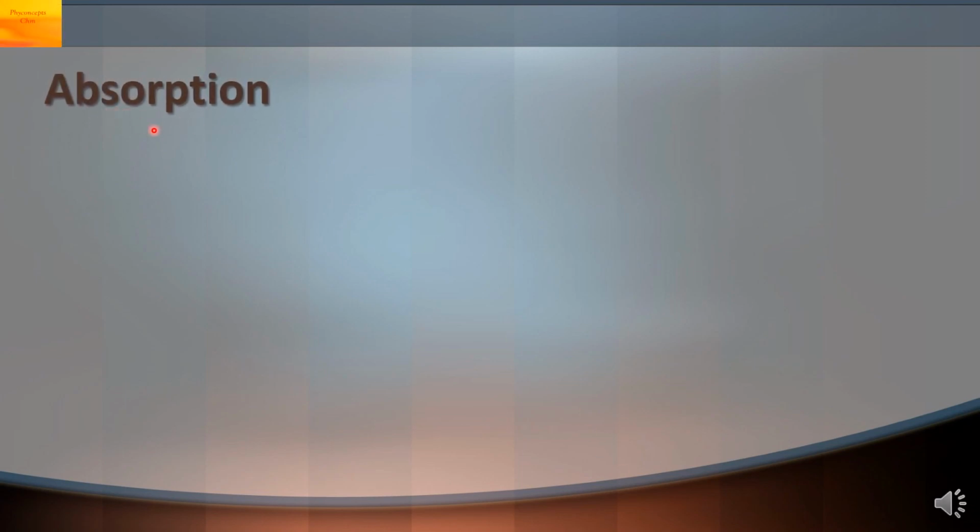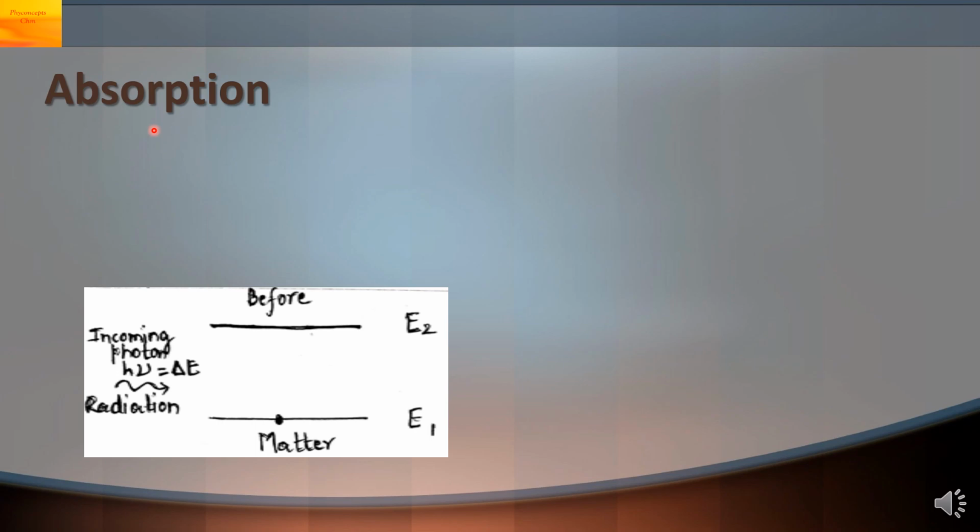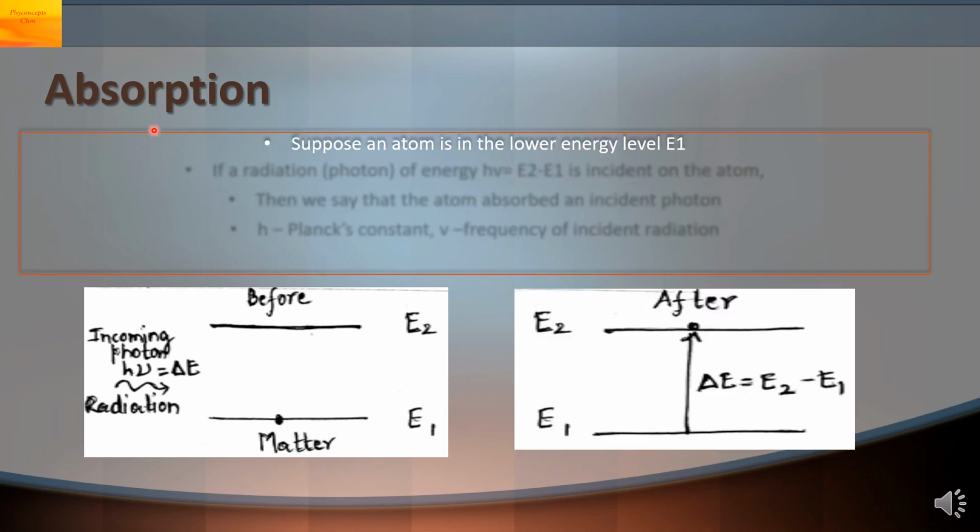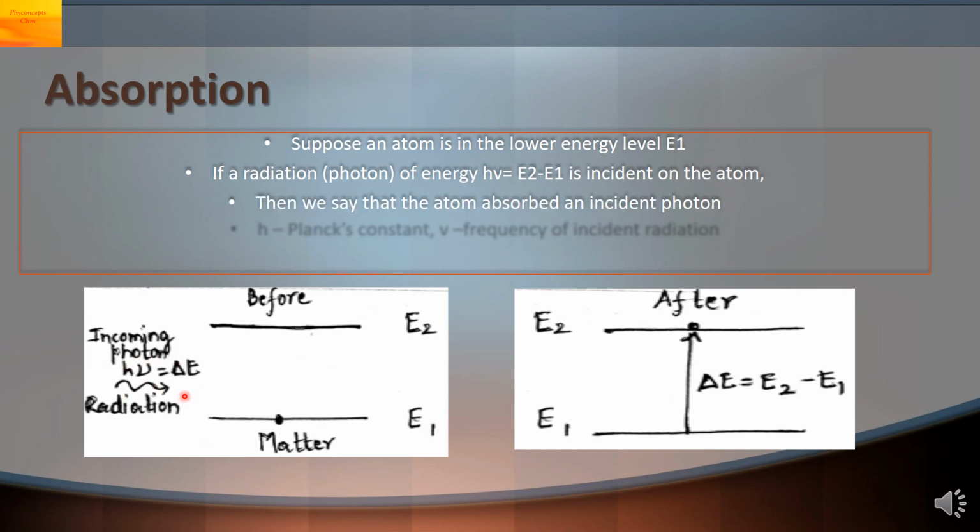Now we will see the first process, that is absorption. Suppose the atom is in the lower energy level E1 and we incident a radiation having energy h nu, which is equal to the energy difference between the two energy levels, E2 minus E1, or delta E. The atom will absorb this photon.